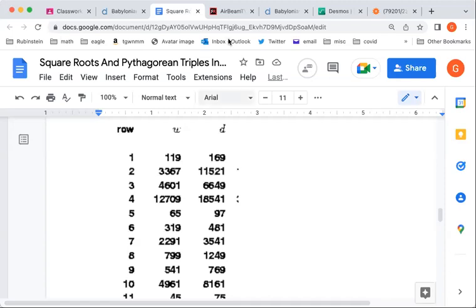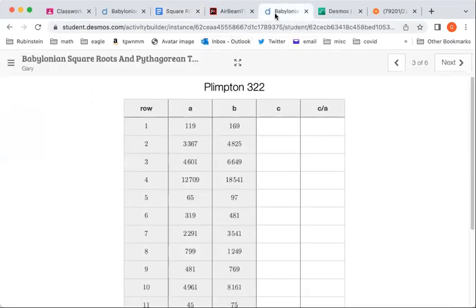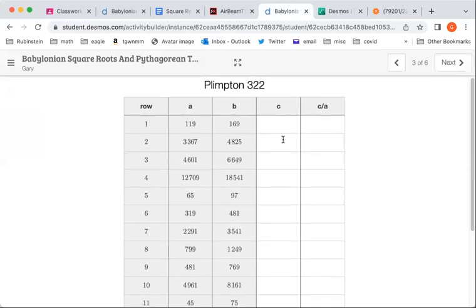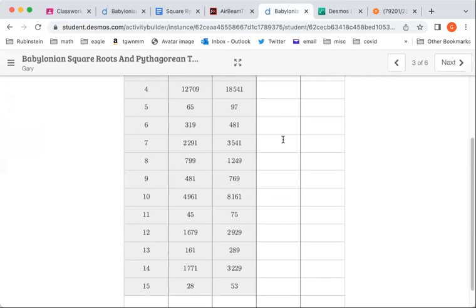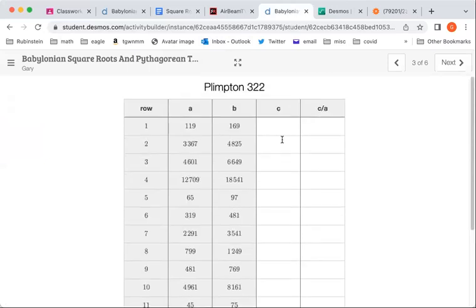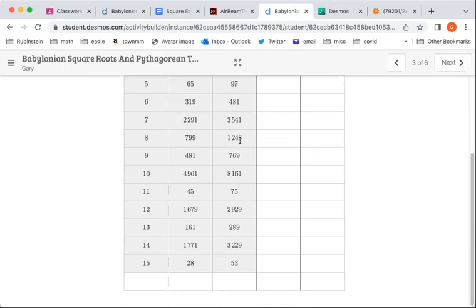And when you do it for all the numbers, Plimpton 322 has 15 rows. And these are the numbers in the important columns in those 15 rows. 119, 169, 3367, 4825. And it's bizarre. There are large numbers. There are small numbers.